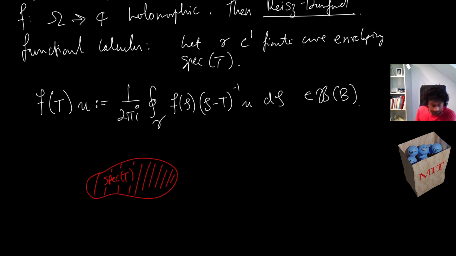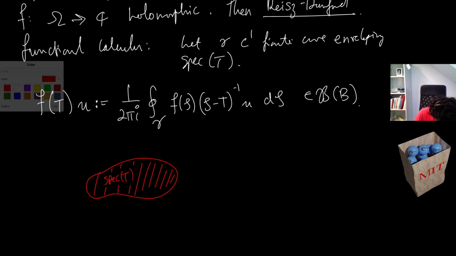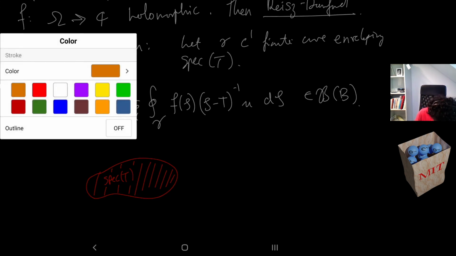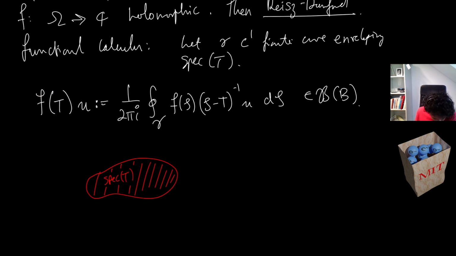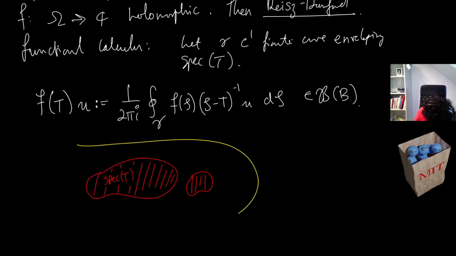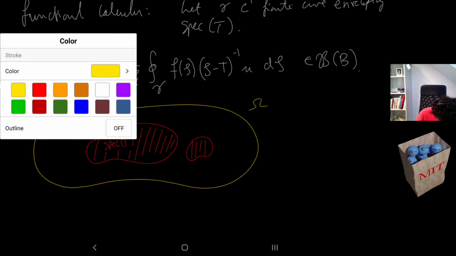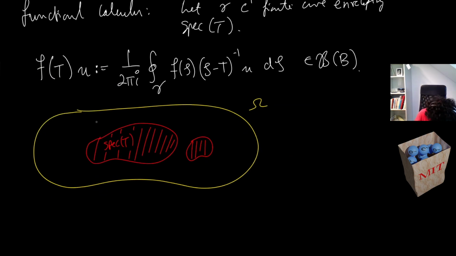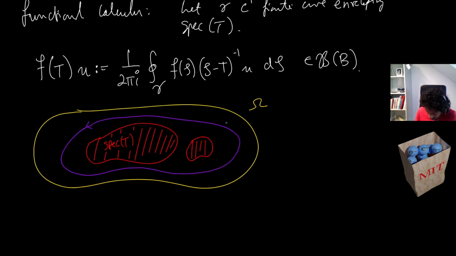Okay? So maybe the spectrum splits up into two components of this form, and my omega might be this set here, and a curve would look like this. So this would be my gamma.